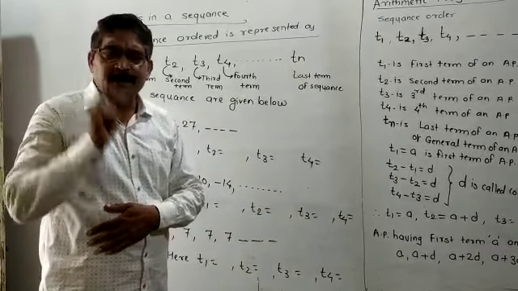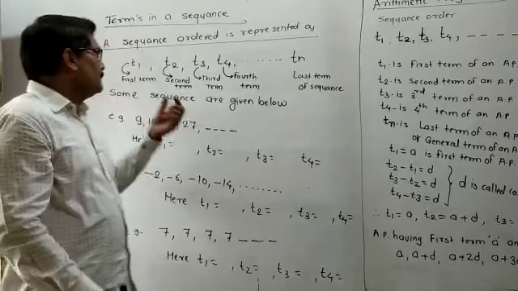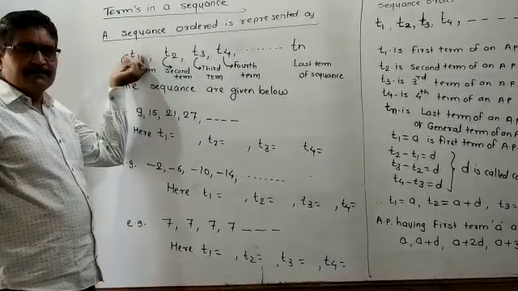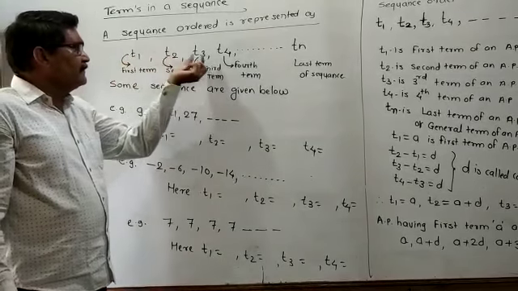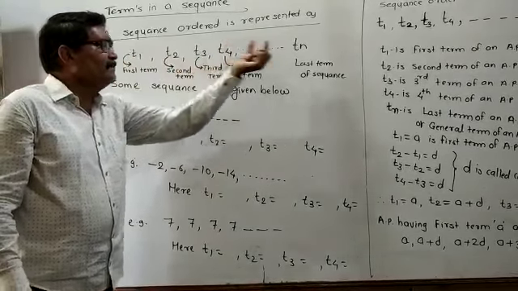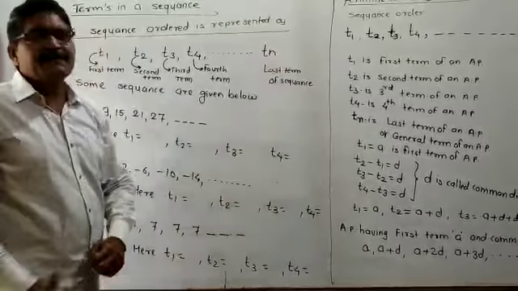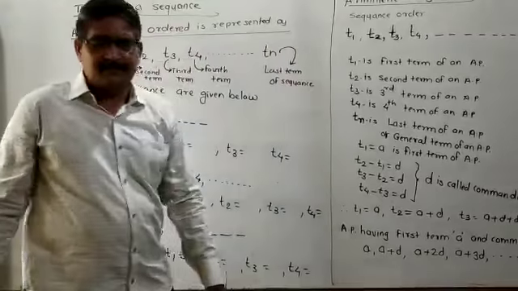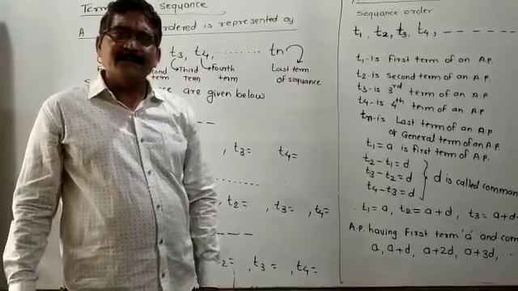T stands for term. This represents term 1 or first term, second term, third term, fourth term, and Tn means last term. Keep this in your mind. Everybody understand?